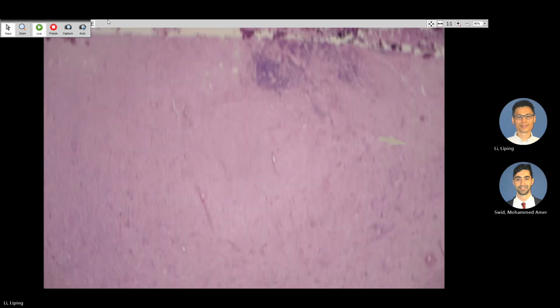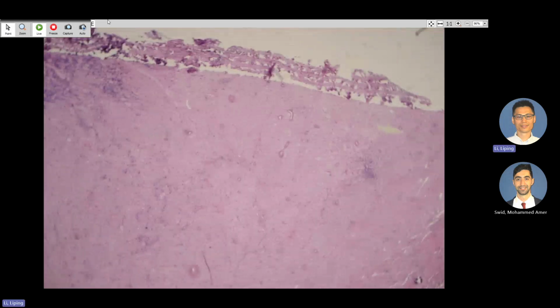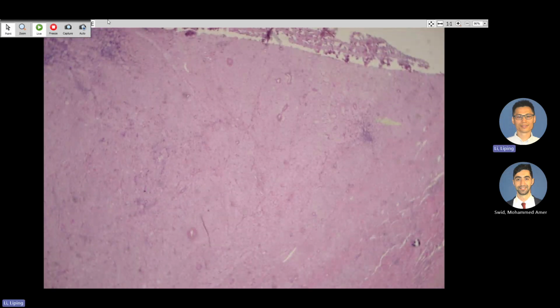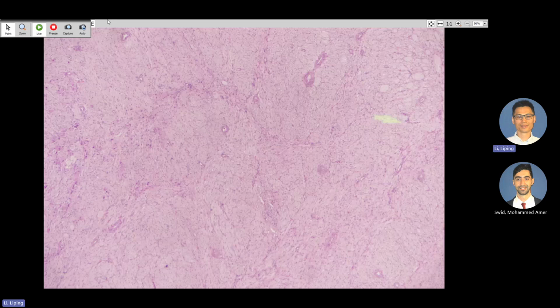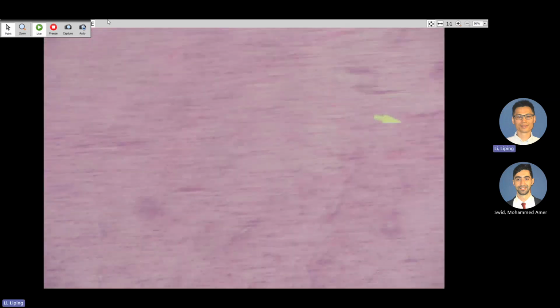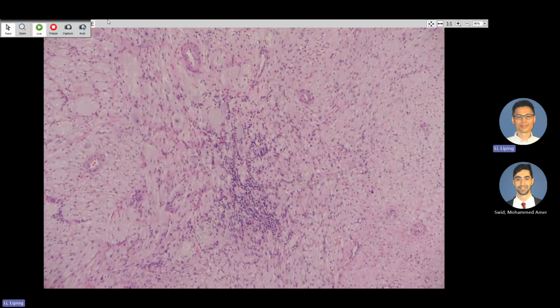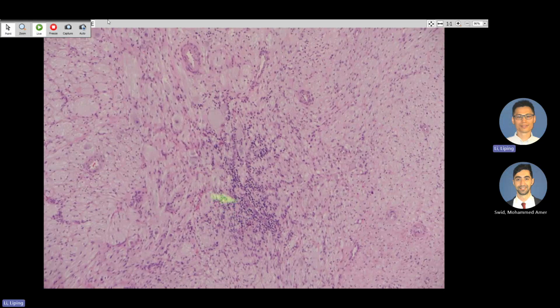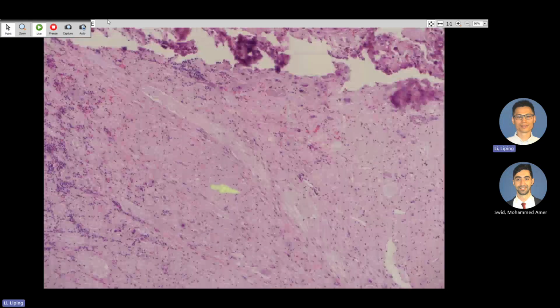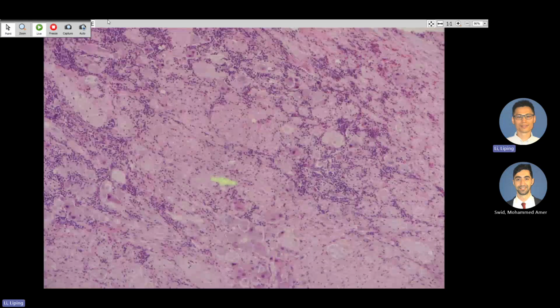And then we have this suspicious area. I can tell you this is a lymphocyte. Maybe here it's not really easy to tell. How you can see this now, kind of smaller. This is a lymphocyte, right? Other area, yeah, this is a lymphocyte.